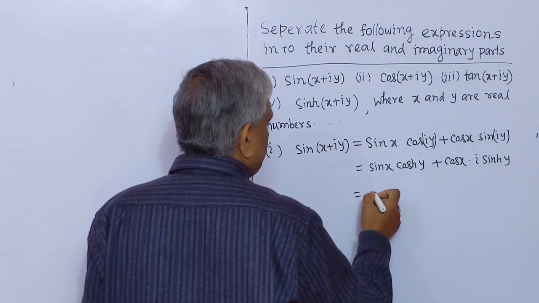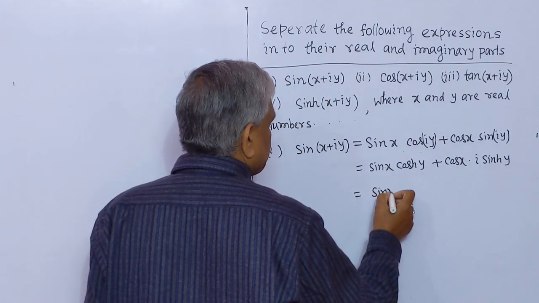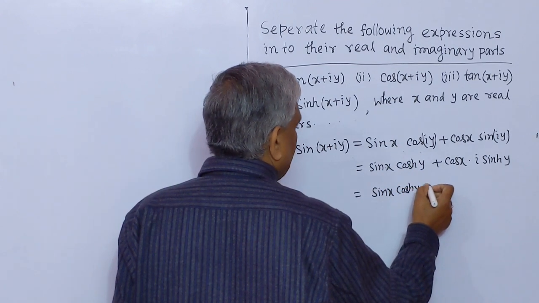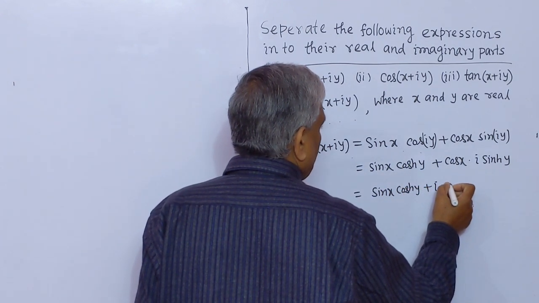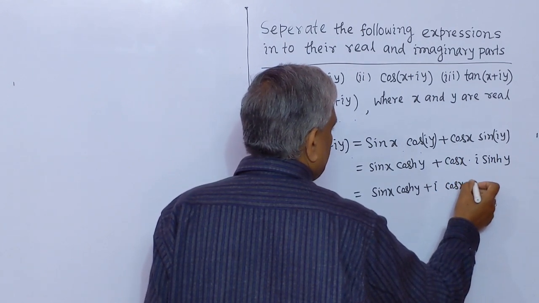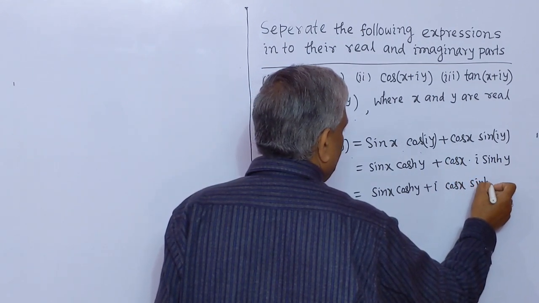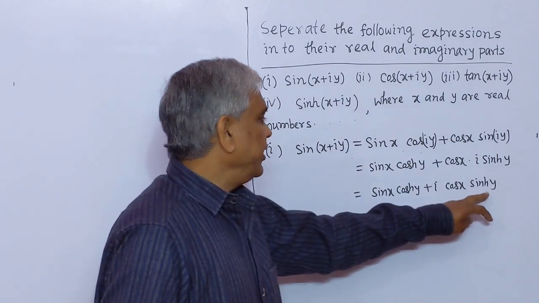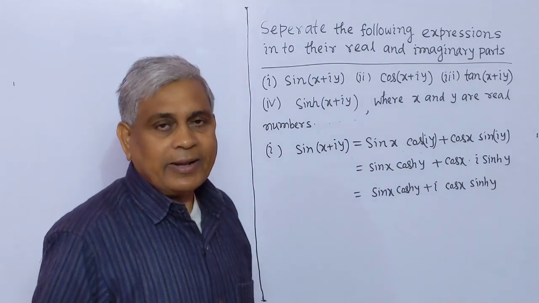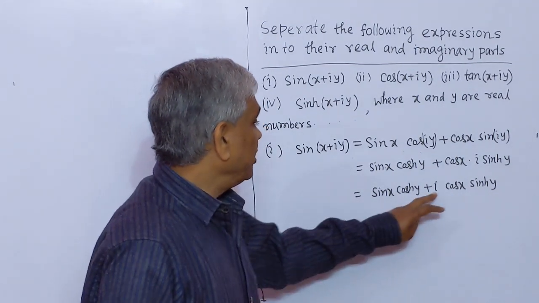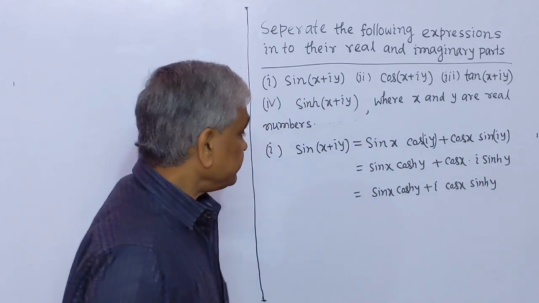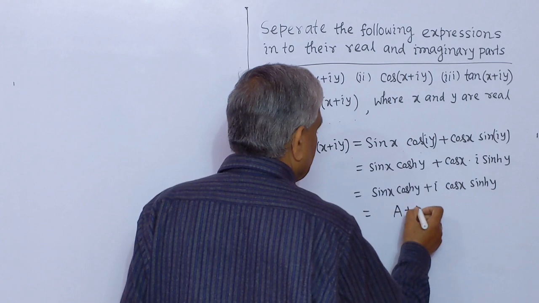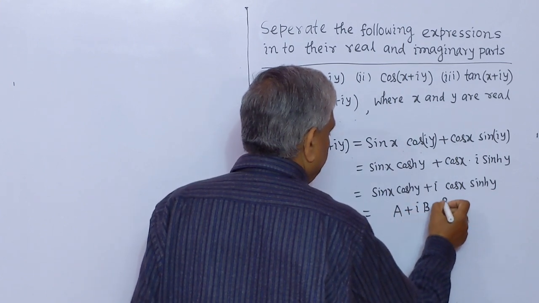That means this is equal to sin x cosh y plus i cos x sinh y. Here cosh y and sinh y are real numbers, since y is a real number. So this is of the form a + ib form.